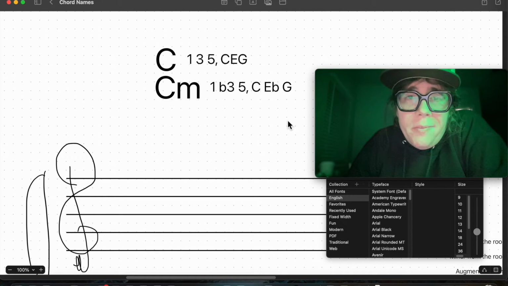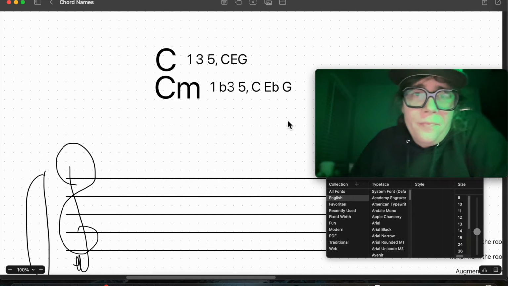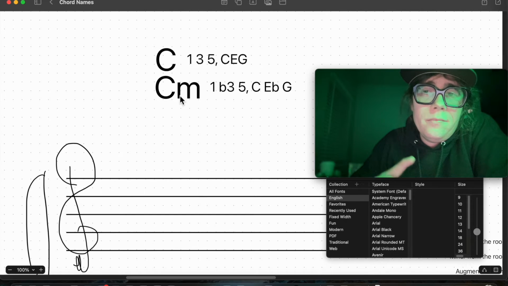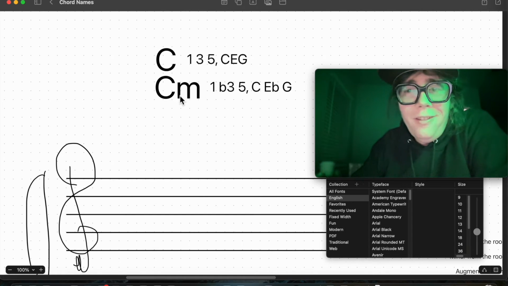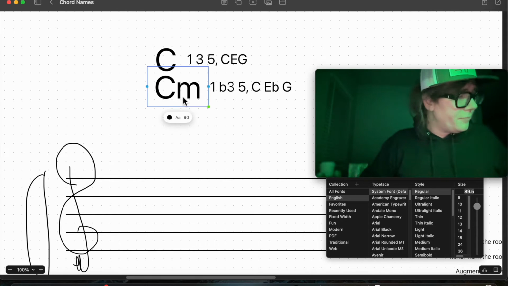The difference between the major chord and the minor chord is just that the third is flatted. Now that's not obvious here, right? With just the M. You have to know that ahead of time. But now you do. Okay. Keep going. Sure.